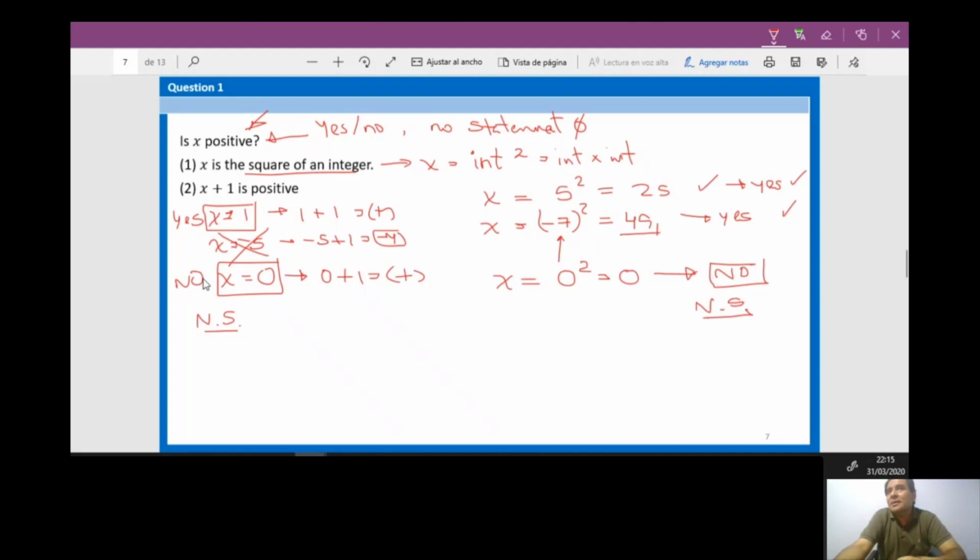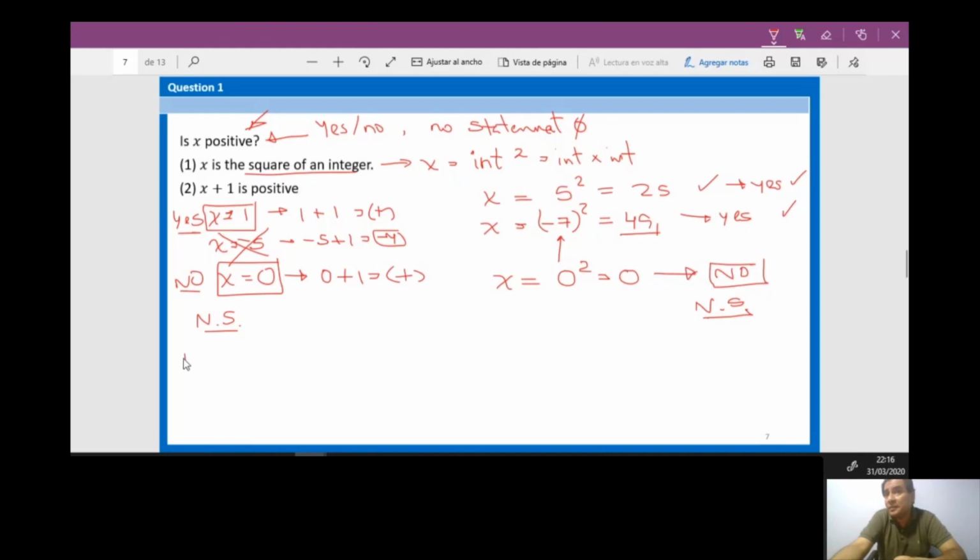Another thing, we need to consider different cases when we try values that can help us distinguish the case of not sufficiency. In this case, achieving two different answers with different allowed values of x means statement 2 is not sufficient. Statement 1 not sufficient, statement 2 not sufficient.